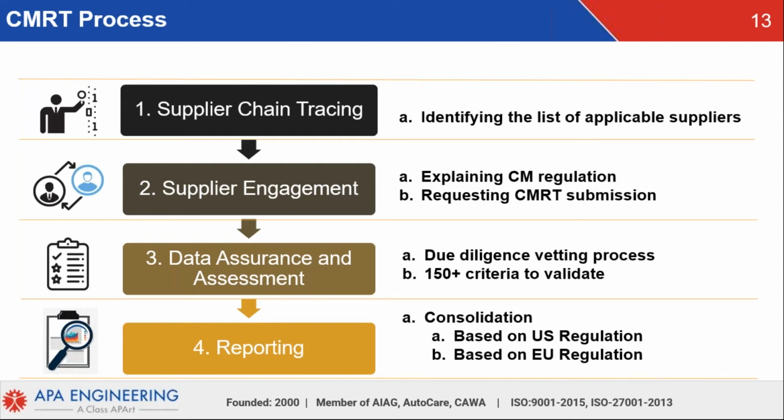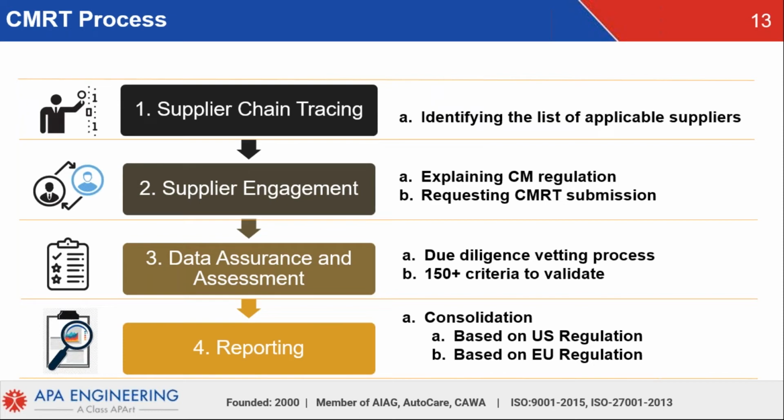For example, out of 100 of your suppliers, even if one supplier says they are procuring the 3TG from DRC or covered countries, your response to question 3 must be yes, and the consolidation interpretation may vary between the US and Europe.